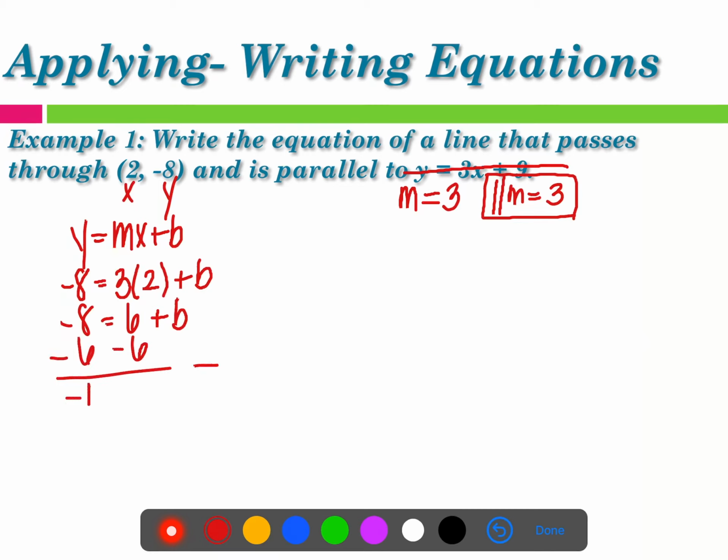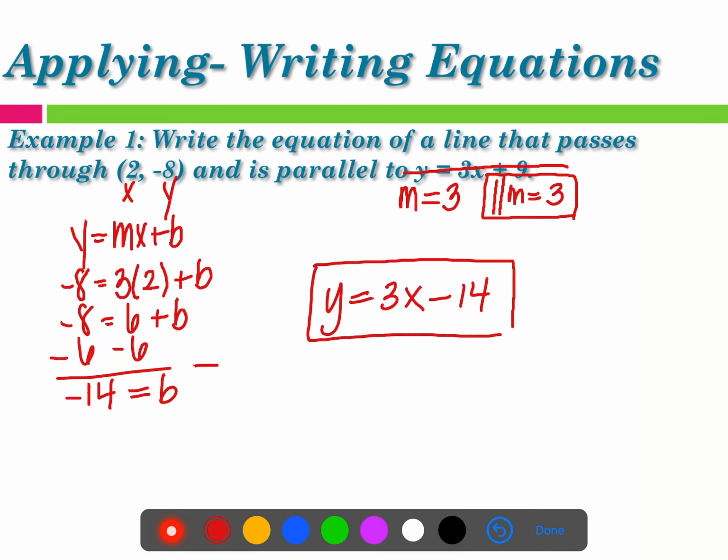And we see I'm solving for a brand new b value. So I'm going to use b and my new slope, the parallel slope, to write my final equation. Just like in 3.1, when we write the equation of a line, we leave x and y as variables.